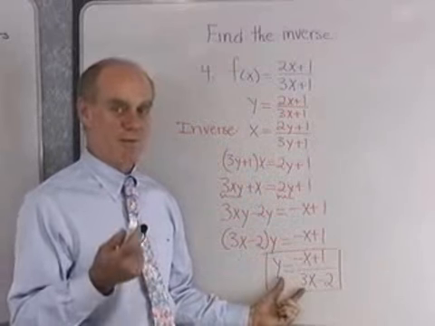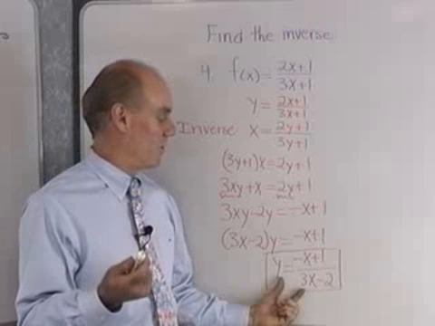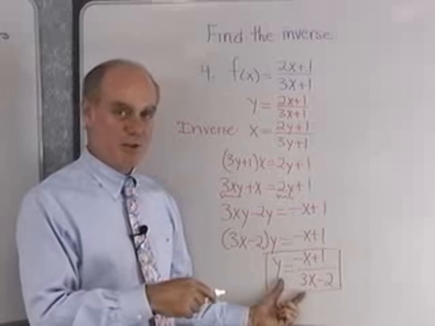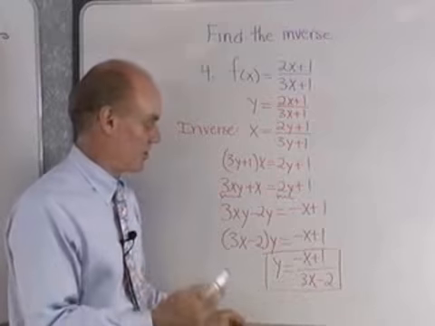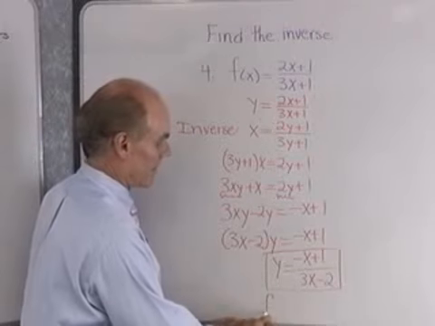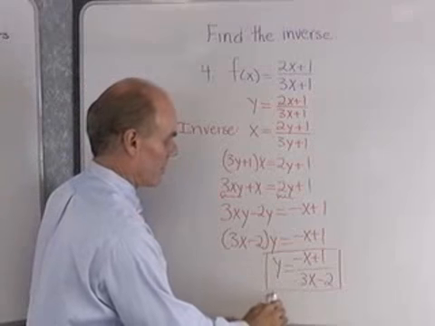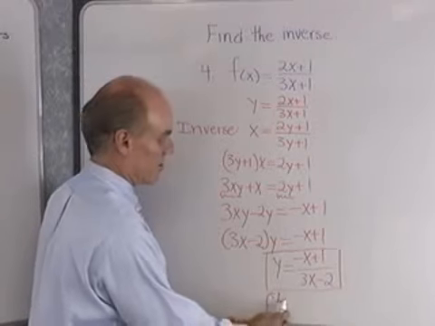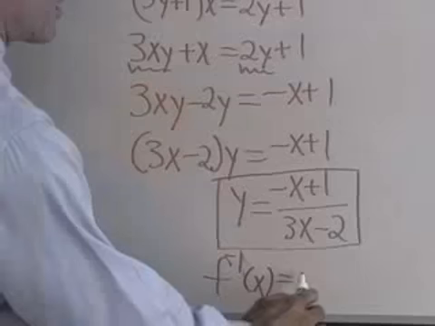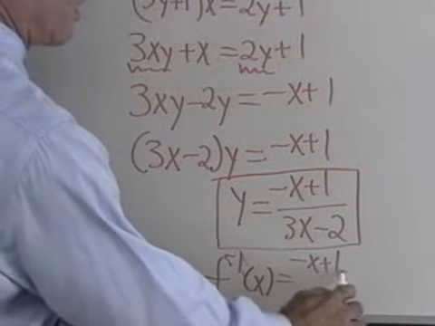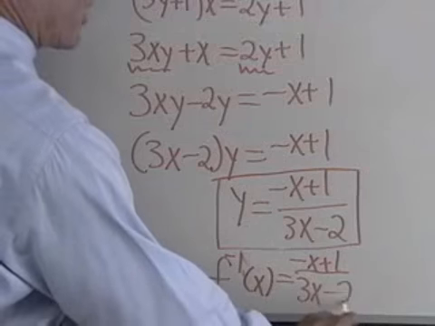So when my original function is one-to-one, its inverse comes out to be a function, and I have inverse function notation that I use, and I rewrite it like this: f with a little exponent of minus 1. It's not an exponent, it's just notation, of x is equal to (negative x plus 1) over (3x minus 2).